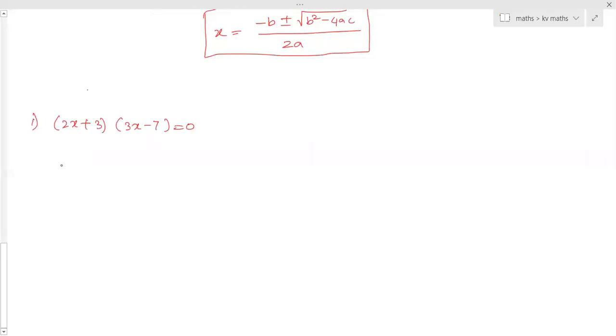Amulya, how to find out the value of x from this equation?